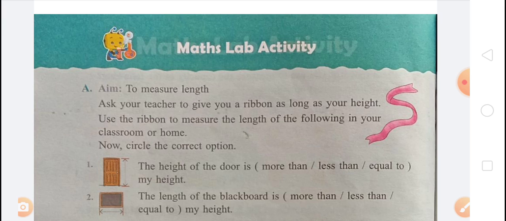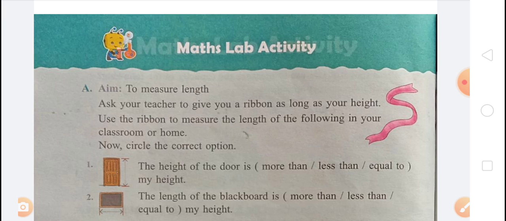We measure the weight of some fruits in grams, and the short form of gram is g. Next is kilogram. Kilogram is a bigger unit of weight, and we use kilogram to measure heavy things. We can see weights of 5 kg, 2 kg, and 1 kg. The short form of kilogram is kg.